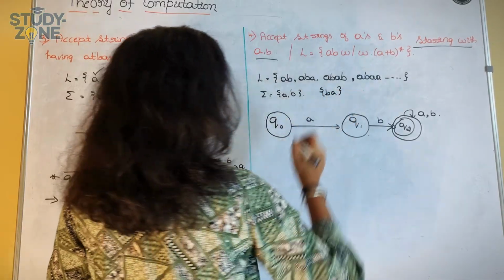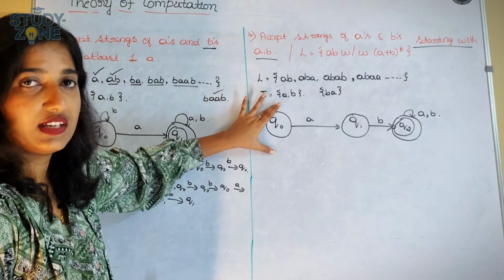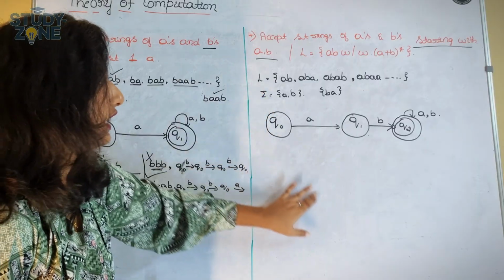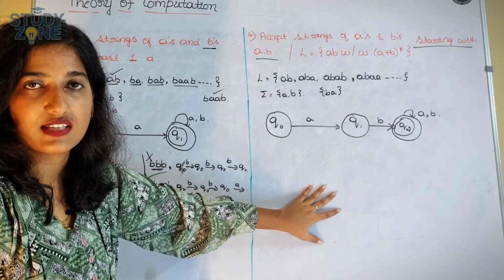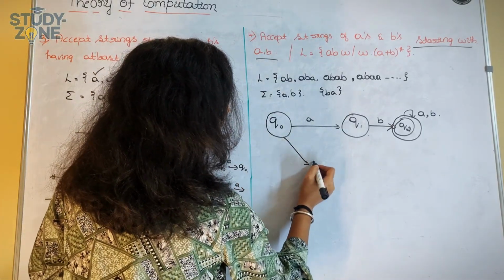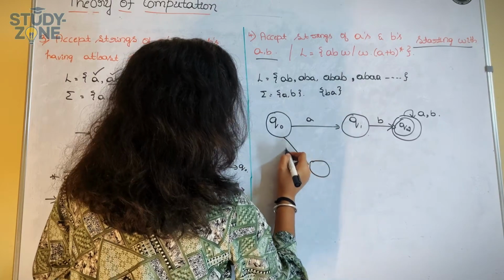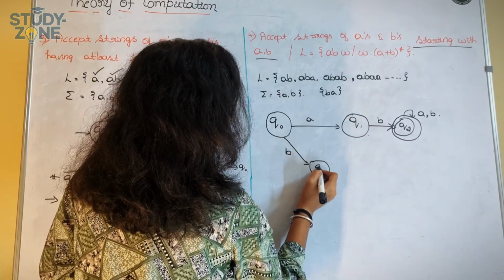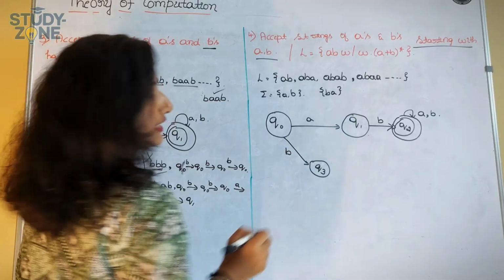Now the DFA shouldn't accept it, right? So here, if we get B, it should move to a dead state. Remember this one. If we get any string which initially has B as a starting letter, then it should move to a dead state.